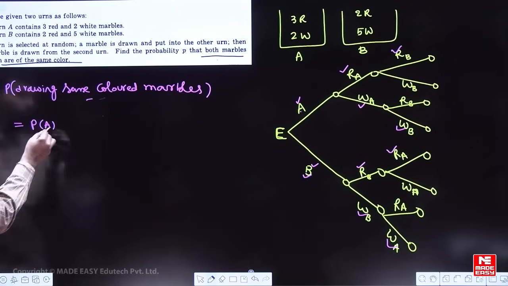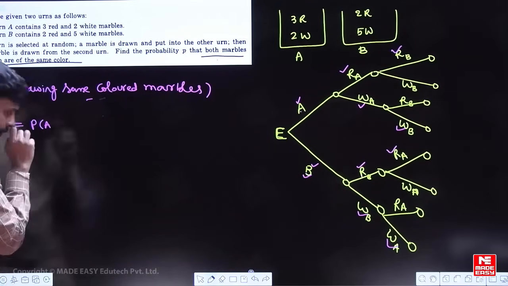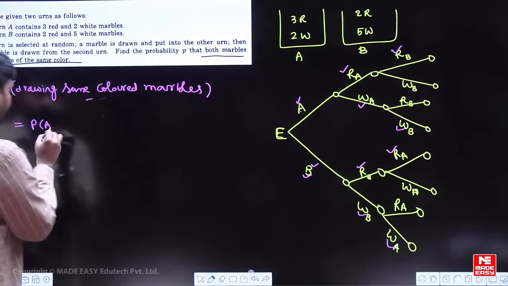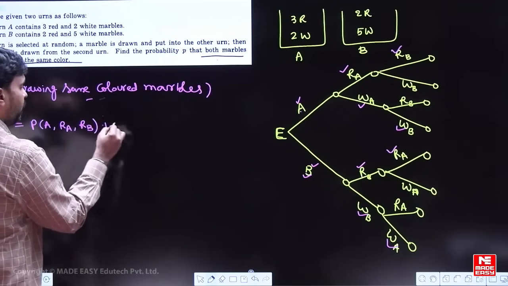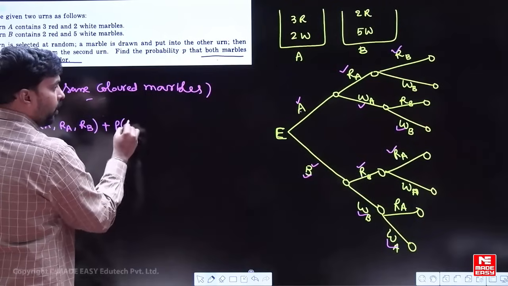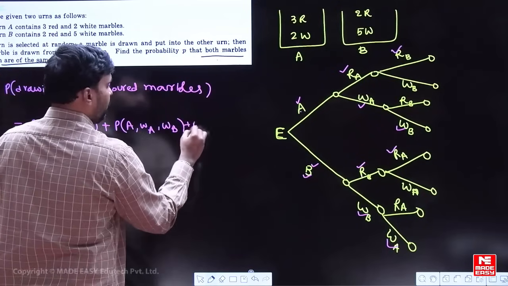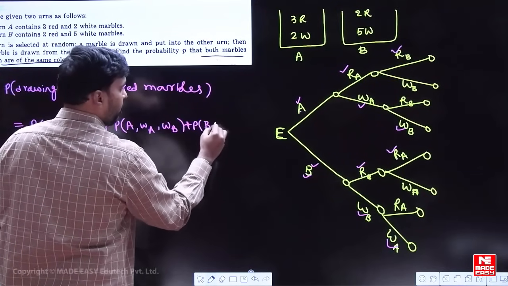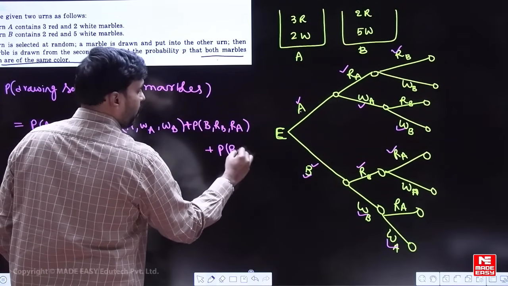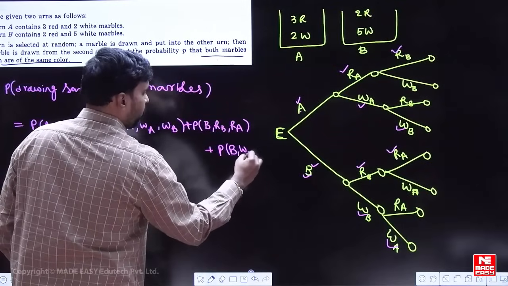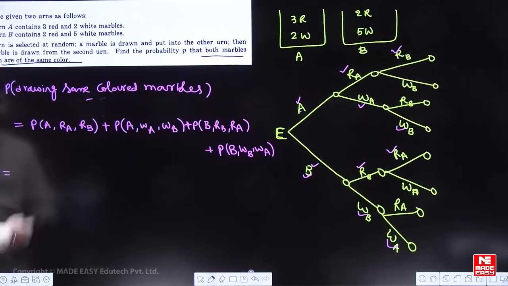The probability of A, you can write like this: probability of A, then RA, then RB. Then another one is A, WA, WB. Then again choosing B, RB and RA. Then B, WB and WA. So these are the possibilities you are getting.